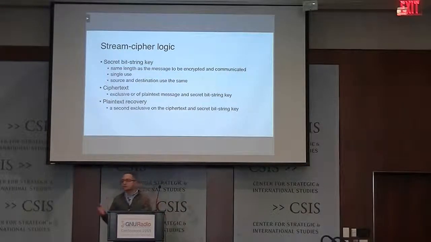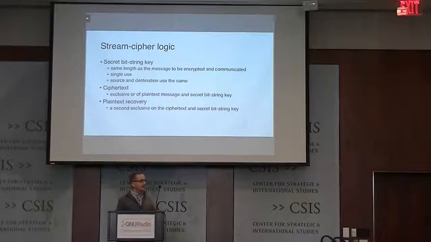I'm going to show how this secret string can be established with quantum communications. And this secret bit string is single use. You use it once, and for each new message, you have to generate a new one. If you don't do that, it won't work well. It makes the protocol easy to break.